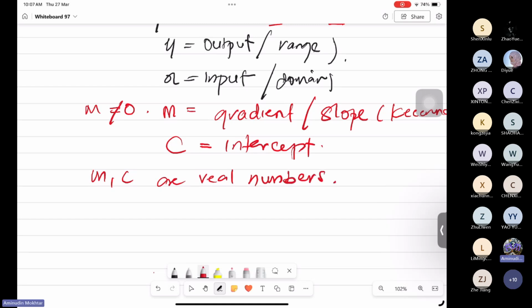Okay, what is a real number actually? Anyone can help me? Anyone can explain? Anyone know what is a real number? Just try, please.